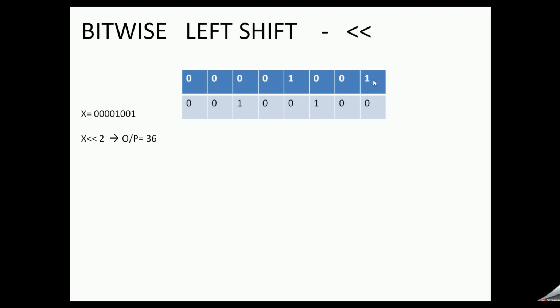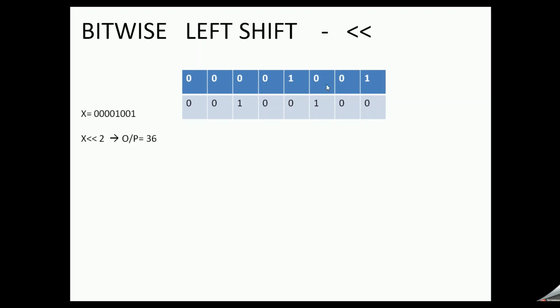When we do a left shift, and I'm giving left shift of 2 bits, the first 2 bits will go away and the third bit will occupy the first position. The fourth bit will occupy the second position. The fifth bit will occupy the third position. So lastly our 1 will come over here and we'll have 2 empty spaces. So zeros will be added in those 2 empty spaces.